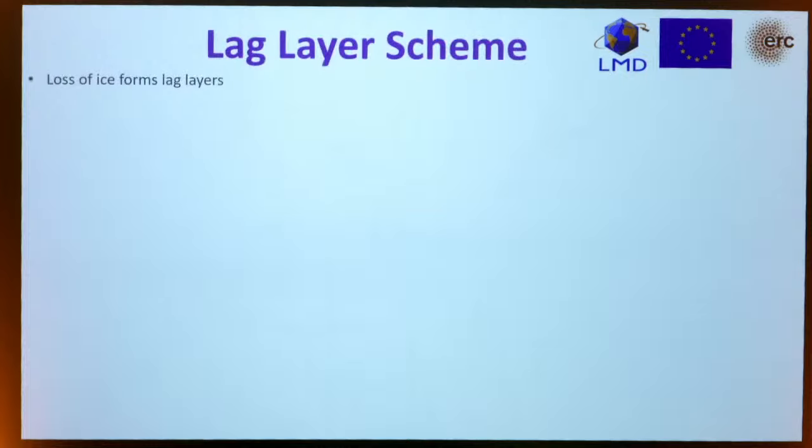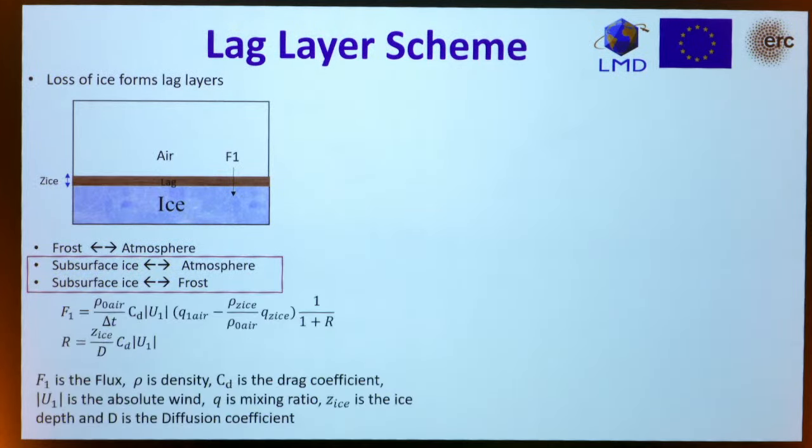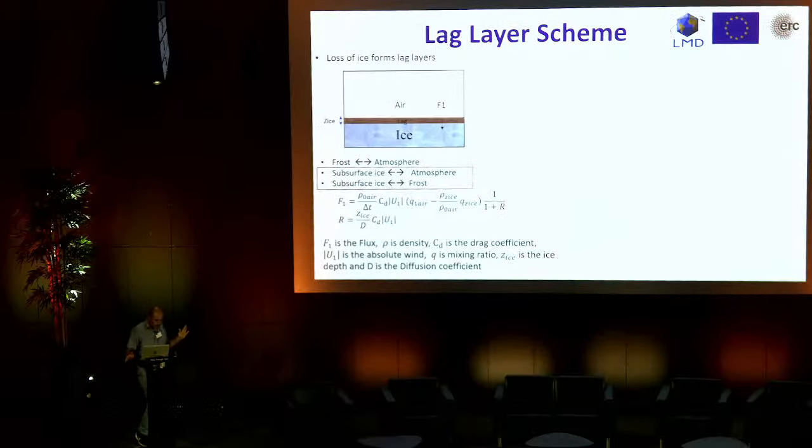So we created the log layer scheme, which I already discussed, including many feedbacks into it. But this time I want to spend a second looking at the equation. We can see that the flux from the subsurface is controlled a lot by the depth of the ice and the QZ ice, which is the mixing ratio around the ice, which basically tells you at which temperature the ice is.